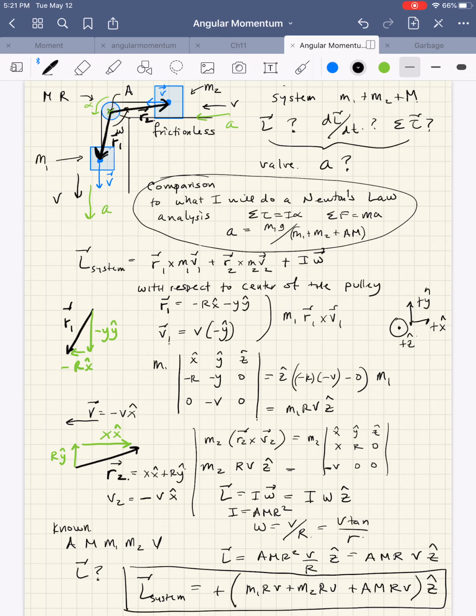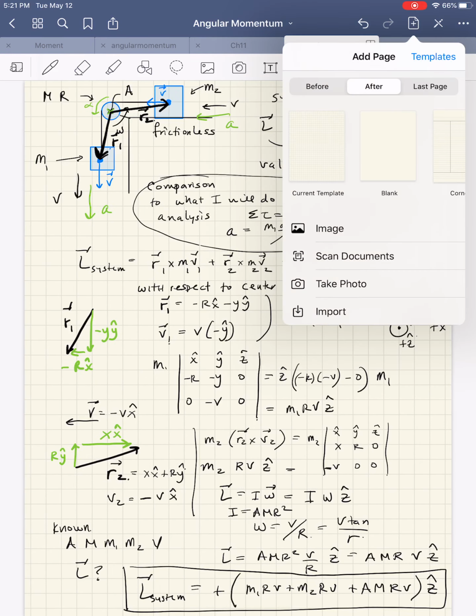Now, what I'm going to do is just kind of play around with it. I'm going to take a derivative and then also look at the sum of torques for the same system and use that to find a value of acceleration and then compare it to this, which I could have found using a Newton's law analysis as described. Oops, not ready for that yet. Let me give a new page.